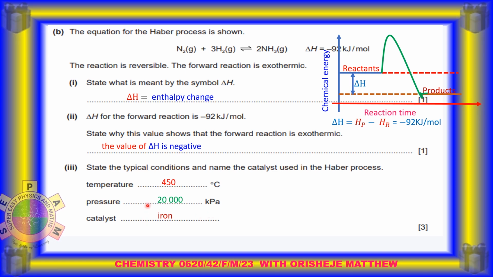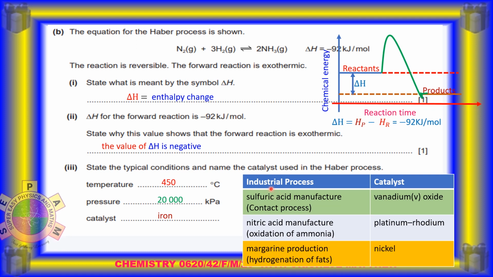So you know iron is a transition element. Then look at other industrial processes and the catalysts that are used. The industrial contact process, which is production of sulfuric acid, uses vanadium 5 oxide. Then nitric acid, oxidation of ammonia, we have platinum and rhodium.